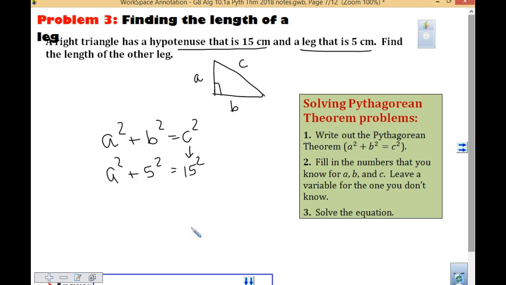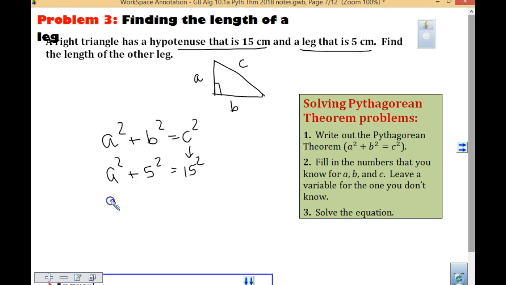Here's the most common mistake that people make. They'll tell me that a squared is now equal to 10 squared, which is a bad mistake. A squared is not equal to 10 squared. You cannot take 5 squared and subtract it from 15 squared and say 15 minus 5 is 10. You can't do that.